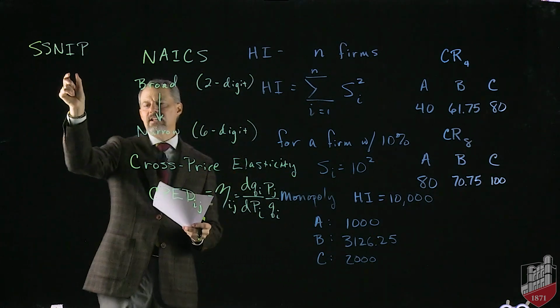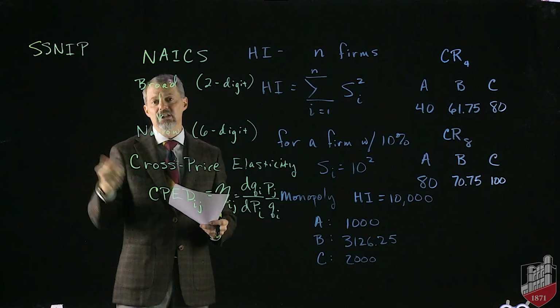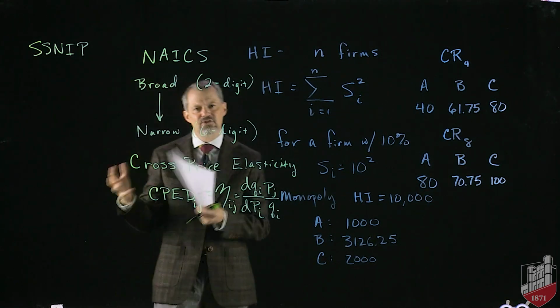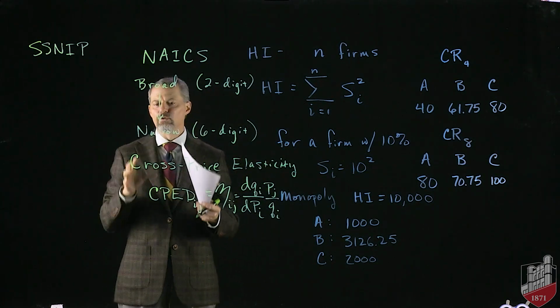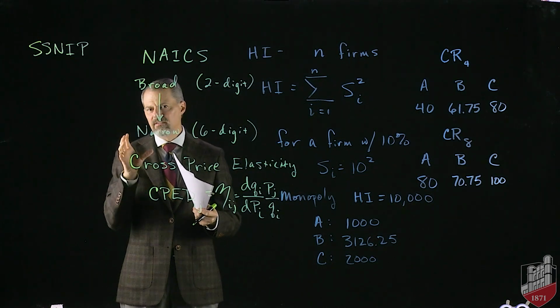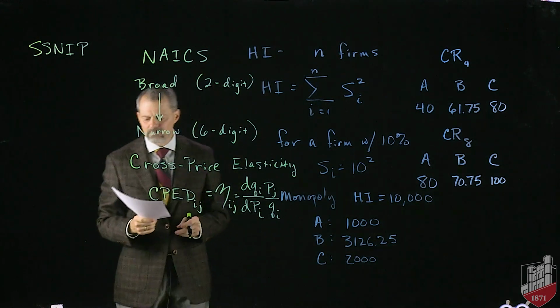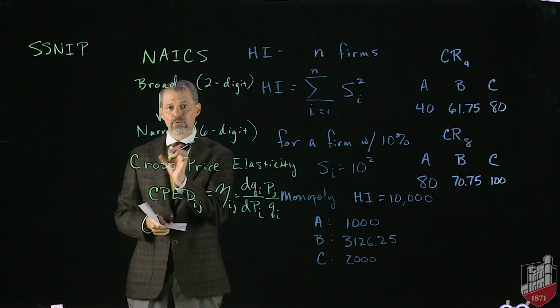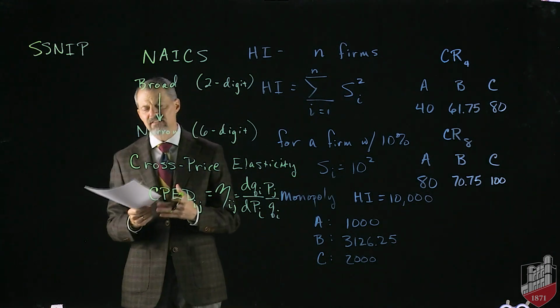And it's non-transitory, so we're thinking about raising that price by 5% for a year. Transitory would mean that it's short. So can that monopoly profitably raise price by 5% for a year? And if the answer is yes, then this is a relevant product market. It's a good way to define the market.